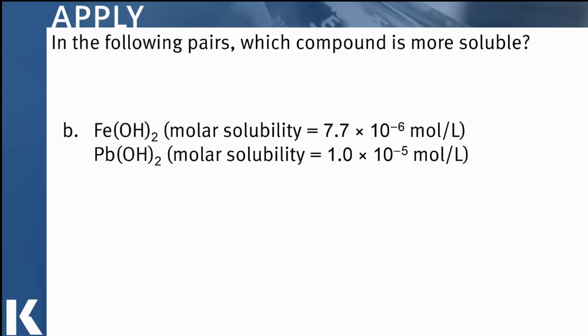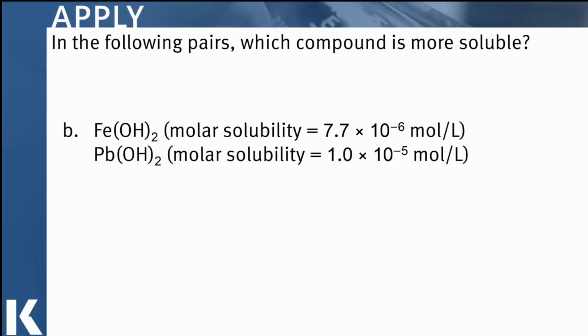So this might be a little bit of a surprise. What that really is telling us is that this very low solubility must have something to do with the counterion, the iron and the lead. Perhaps there's something about them that makes them less able to associate with water, to become solvated and to go into solution.